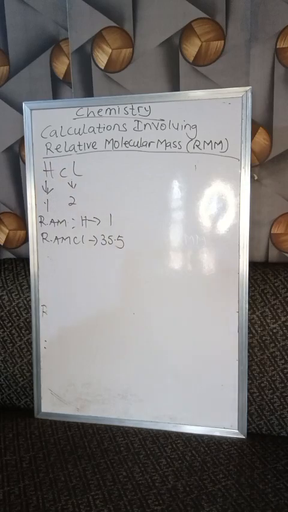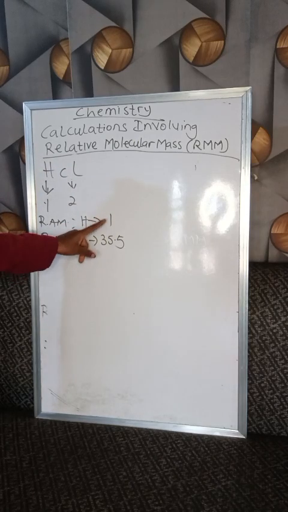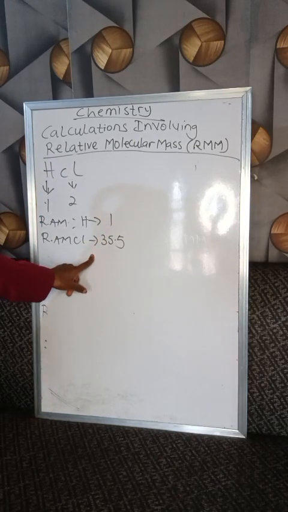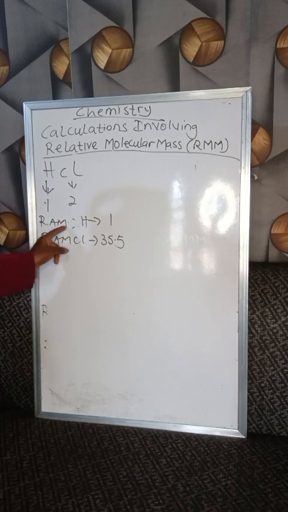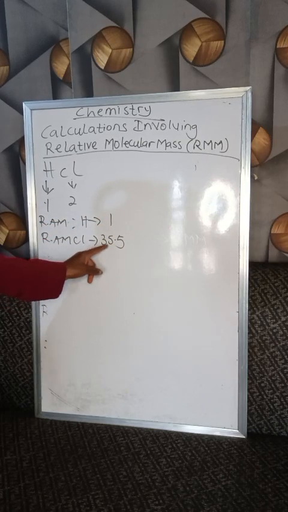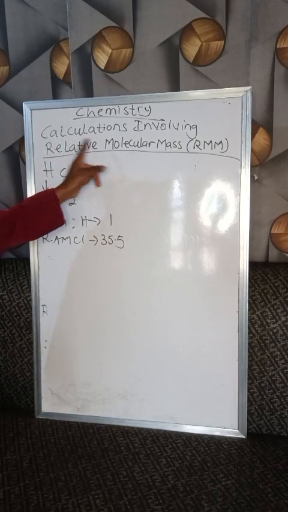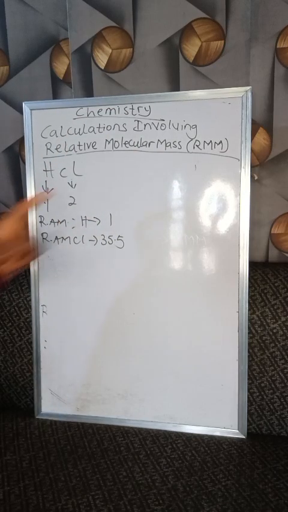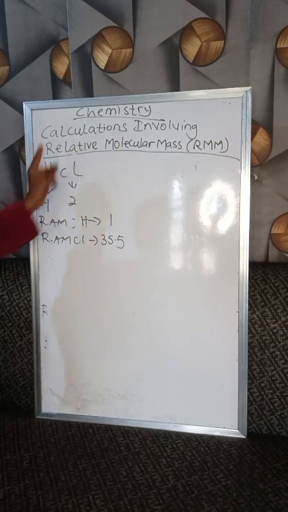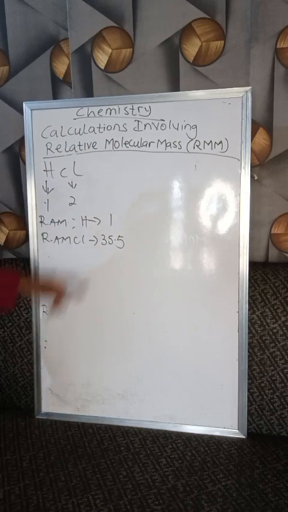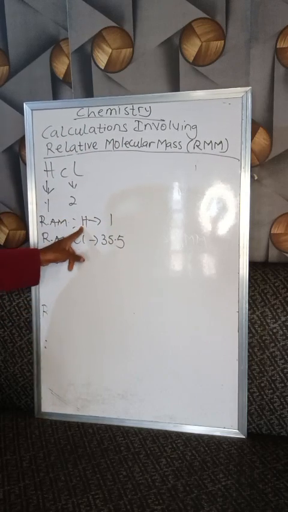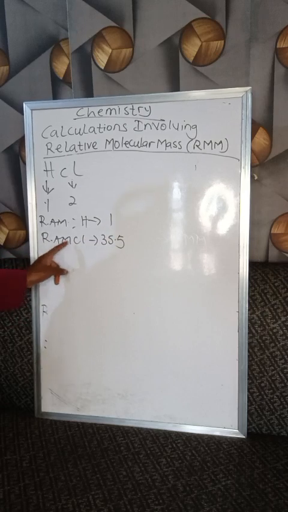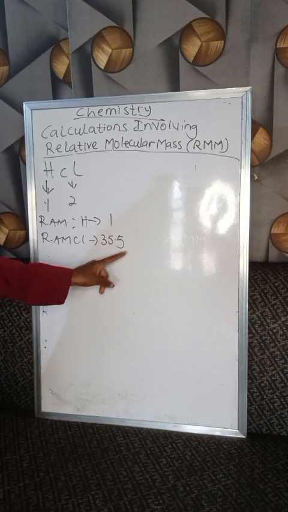These are constant, and they are going to be given to you inside the question. The question is going to be: calculate the relative molecular mass of hydrogen chloride, given that the relative atomic mass of hydrogen is 1 and the relative atomic mass of chlorine is 35.5.